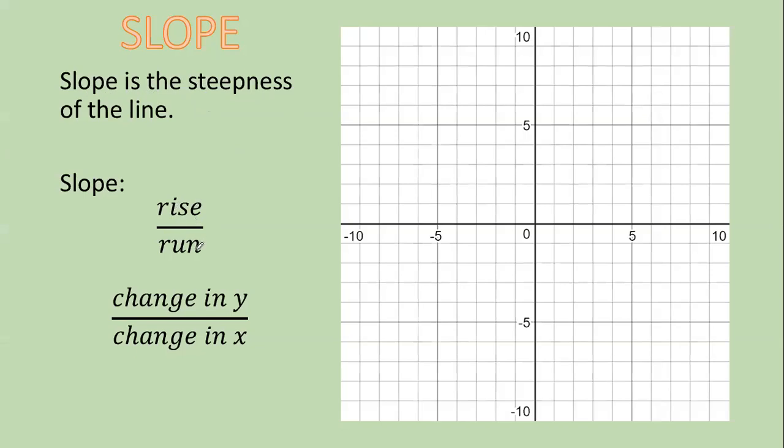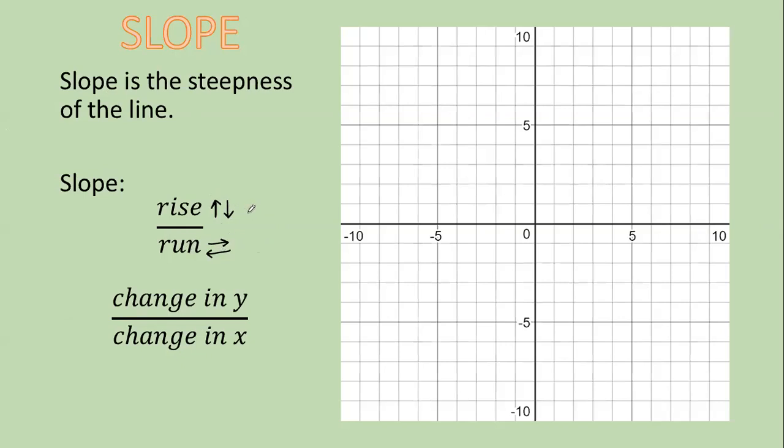Rise over run. When it's talking about rise, it wants to know how much in the vertical direction, up or down, your line is going from one point to the next, and how far in the horizontal direction, left and right, it's going from one point to the next.